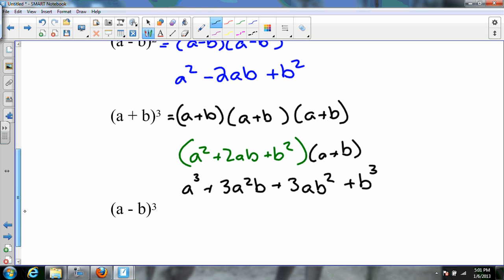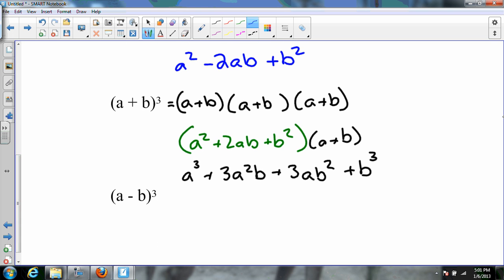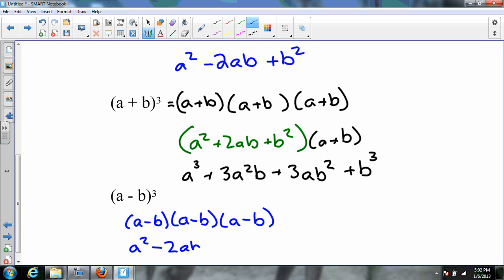Our last special product is a minus b cubed, and that we know longhand is a minus b times a minus b times a minus b. So we know the first two multiplied together from our shortcut earlier is a squared minus 2ab plus b squared.